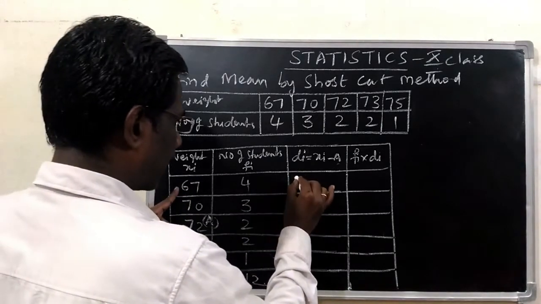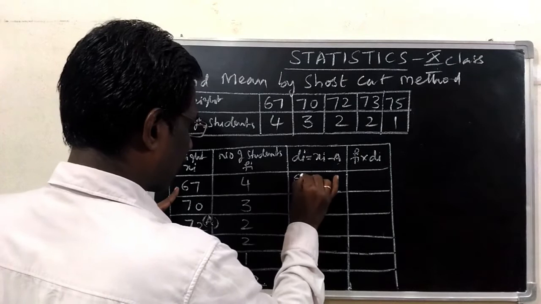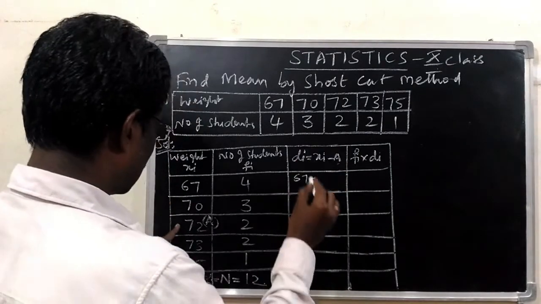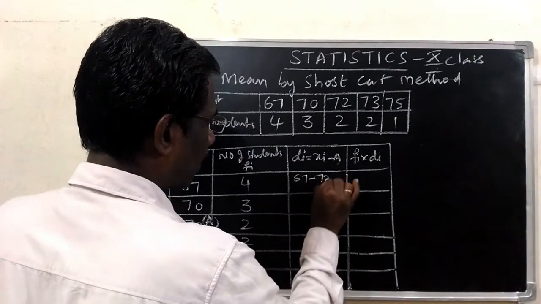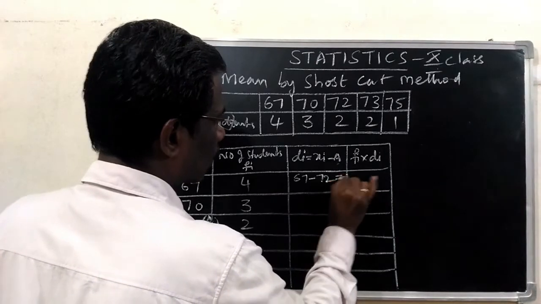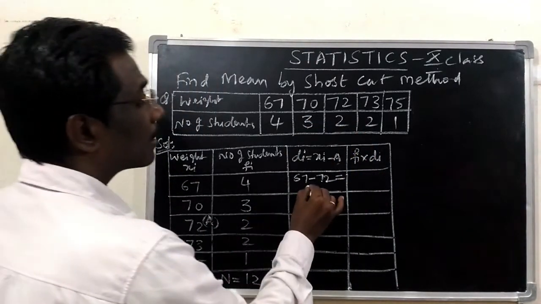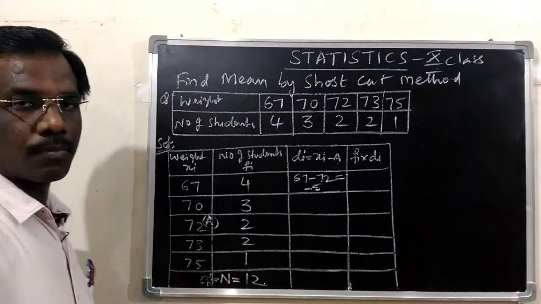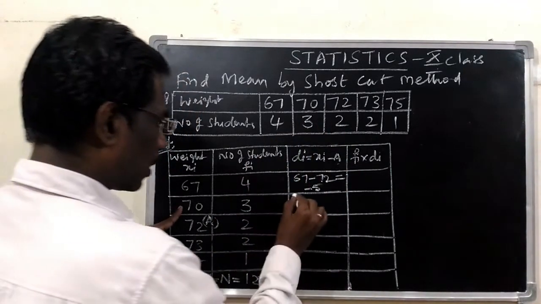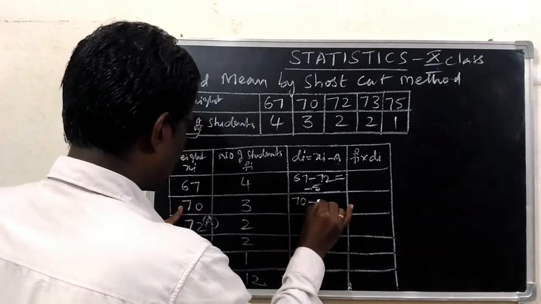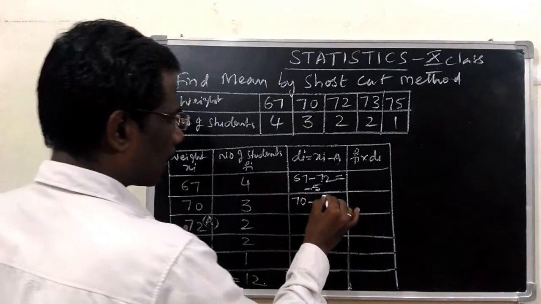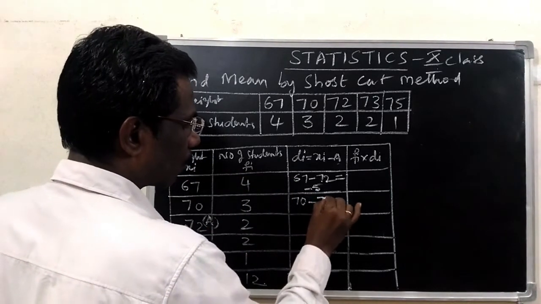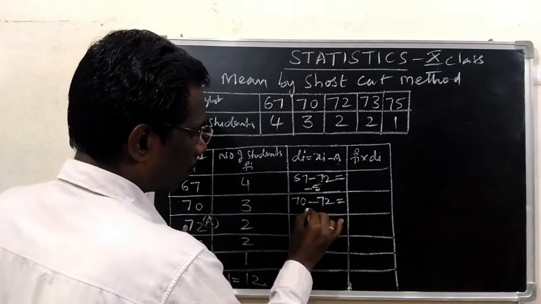So what should we write here? 67 minus a, a is 72, equals how much? Minus 5. And next, 70 is the xi value and a is 72, equals minus 2.